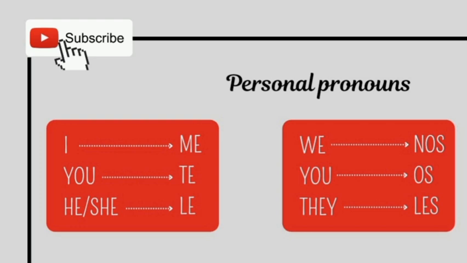When the subject in English is he or she, you have to use the personal pronoun le. When the subject in English is we, you have to use the personal pronoun nos. When the subject in English is you (plural), you have to use the personal pronoun os. And when the subject in English is they, you have to use the personal pronoun les. In Spanish, obviously.